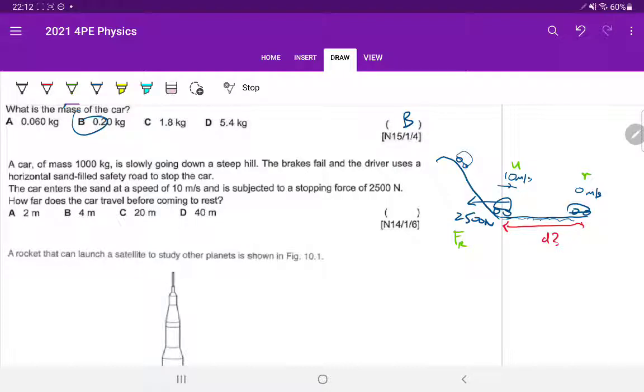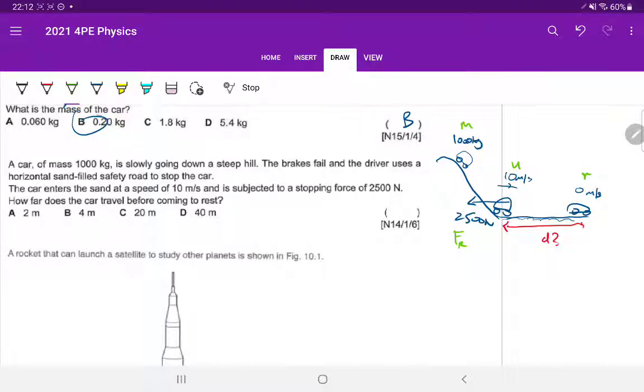So the first thing you can do is find the acceleration, because you also have m, which is why you should put it in your diagram so you know all the things that you have, right? It's 1000 kg. Let me write that in blue pen, which is m. So we have F_R and m.